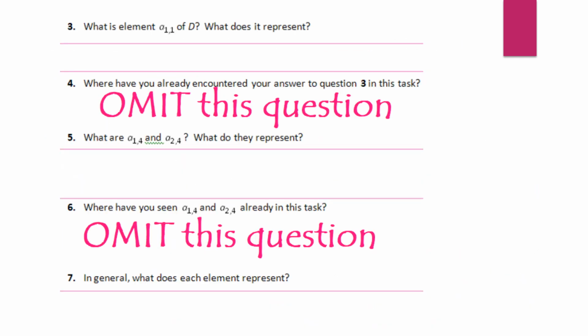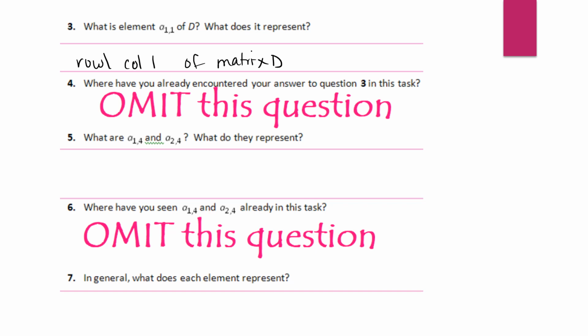All right, so what is element A11 of D and what does it represent? That means row 1, column 1 of matrix D, and it represents whatever that particular number is.